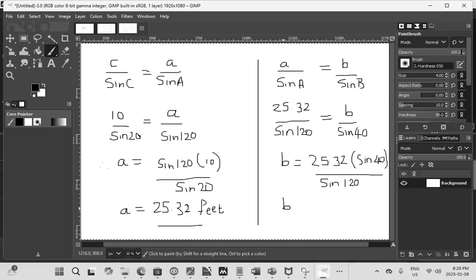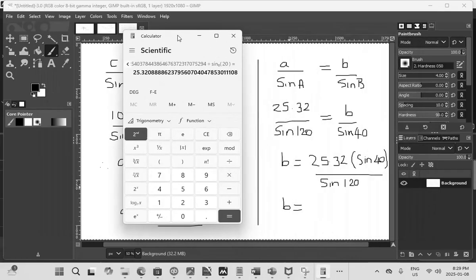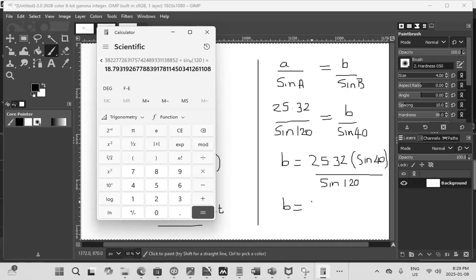Using our calculator one more time, this is sine 40 times 25.32, divided by sine 120, which is 18.79.